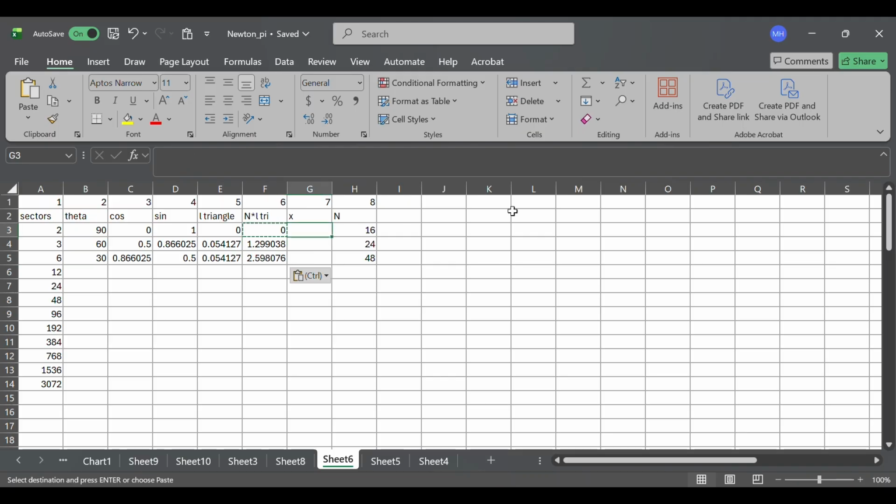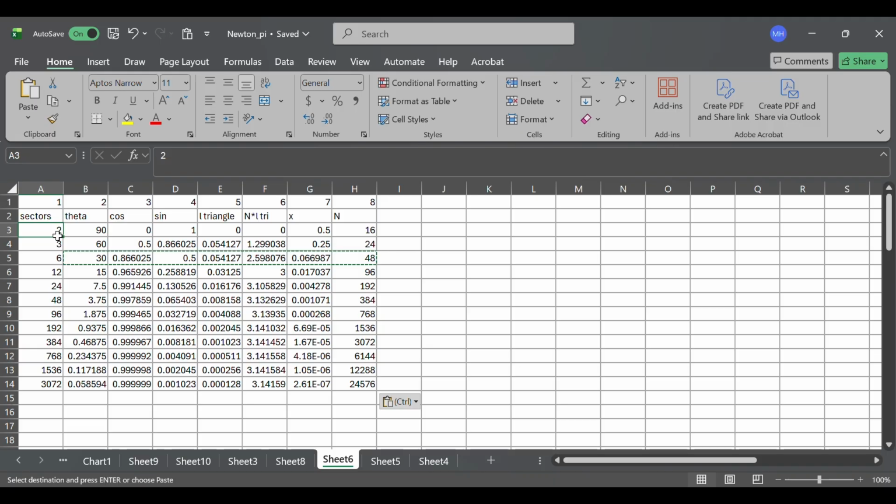And x, remember, that's 1/2 times sine squared over 1 plus cosine theta. We'll bring those values down.